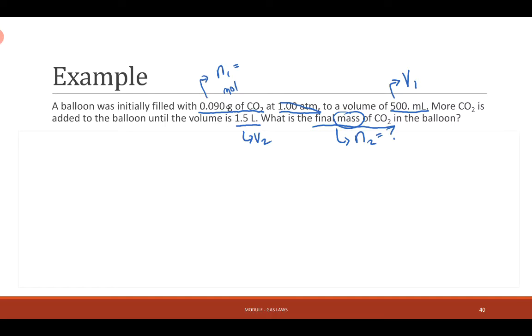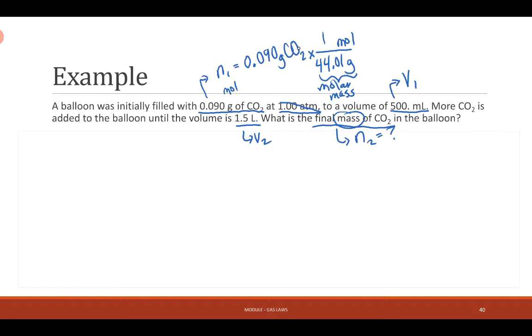In order to go from grams to moles, I'm going to have to do a unit conversion. So my initial grams of CO2 will need to be converted into moles. That means I'm going to have to cancel out grams and get into moles. That's going to require my molar mass. The molar mass of CO2 is 44.01 grams per 1 mole.